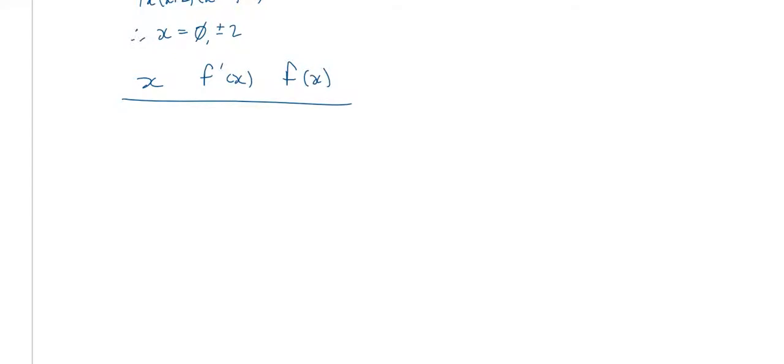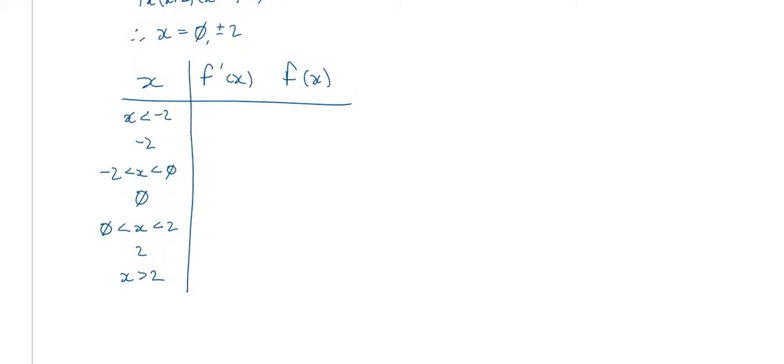So I am splitting up these intervals of my critical values, starting with the smallest. And then we have to consider that value as well. You can't skip having the -2 there. And I'm going to put in these.